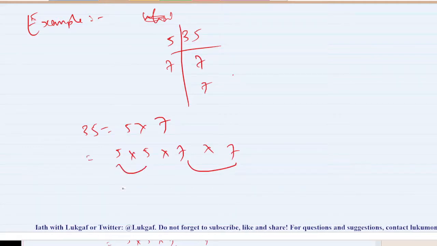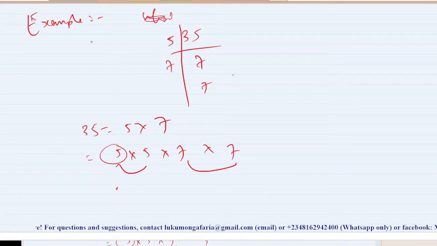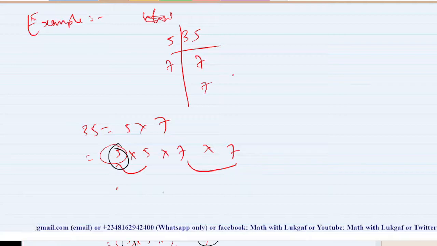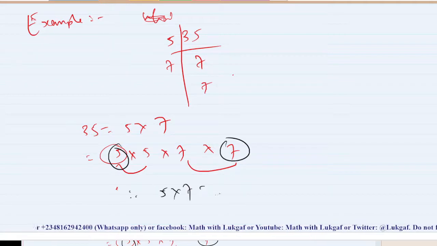So the number that must multiply 35 to give a perfect square is this new number we introduce, which is 5 and 7. So that's 5 times 7, which is 35.